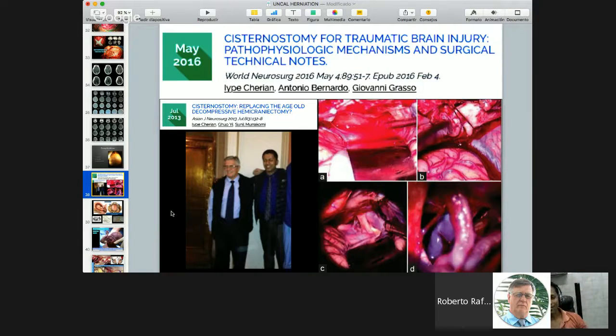In our country, in Argentina, in Buenos Aires, we are starting to do this Professor Cherian technique. Until now, we are combining the decompressive craniectomy and, after removing the bone, we are starting to do the cisternostomy.